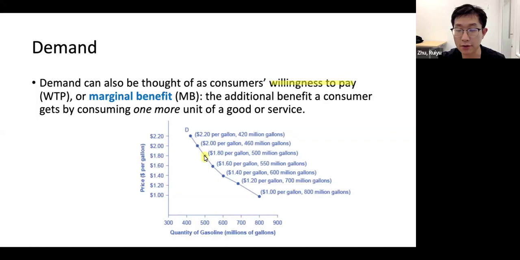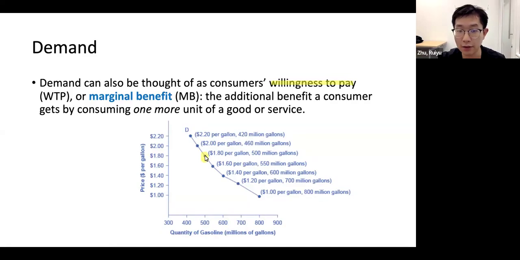The consumers already have 500 million gallons. The corresponding willingness to pay is $1.8, which means at this point, if they get one more gallon, they are willing to pay $1.8 for the next gallon.